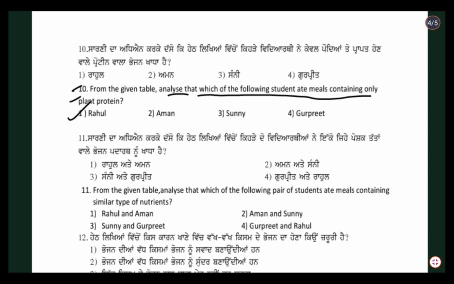Which provide plant proteins. 11th question is, from the given table analyze which of the following pair of students ate meals containing similar types of nutrients. So we noticed that Aman and Sunny ate rice with animal protein sources like fish curry and chicken, indicating they consumed similar types of nutrients. So Aman and Sunny.